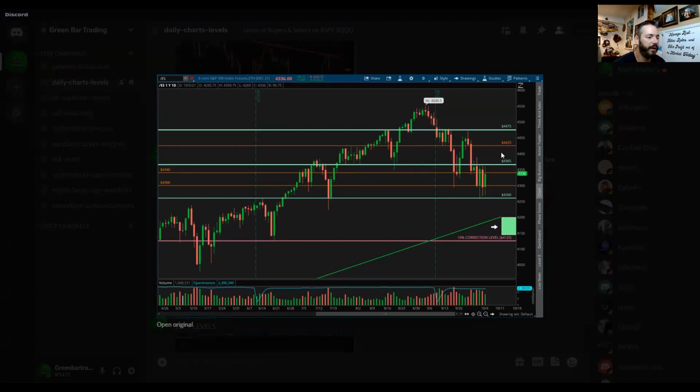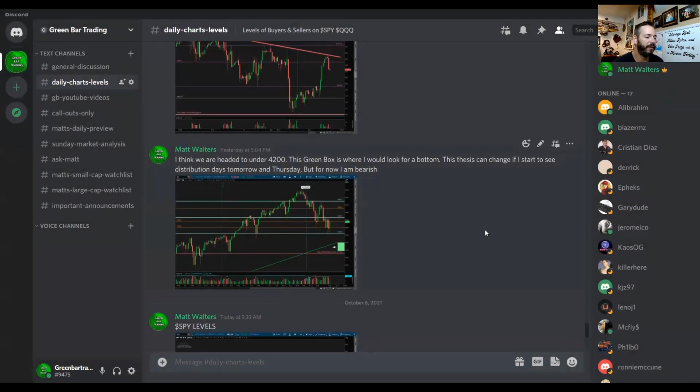And also here on the S&P 500 futures, I said the same thing. I'm calling for more downside. Potentially, a 10% correction would be around 4,100. 4,200 is a trend line that goes back quite a way. So that's just what I was looking at, and this is what I alert all our members to.